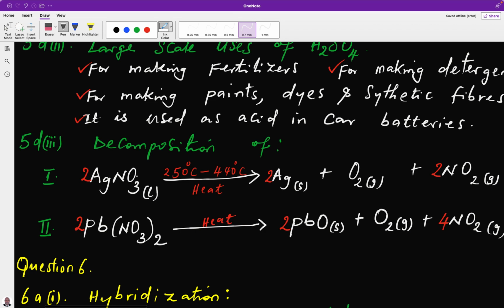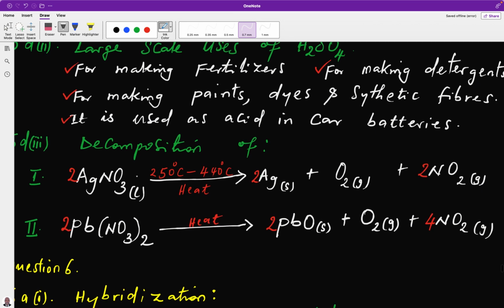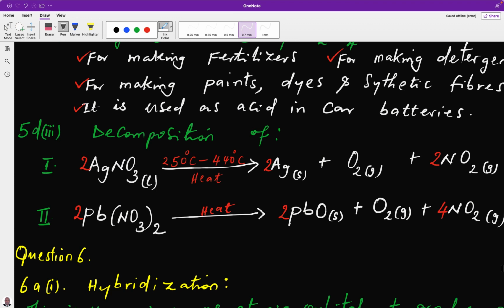They are all decomposition reactions. So when silver nitrate is heated at a temperature of 250 to 440 degrees Celsius, solid silver is formed, oxygen is released, and nitrogen dioxide gas is also formed.